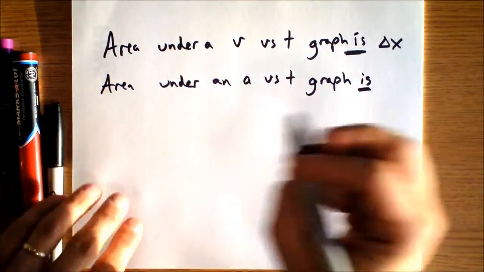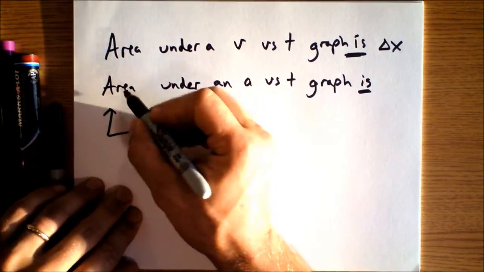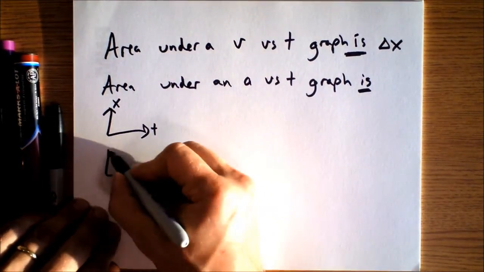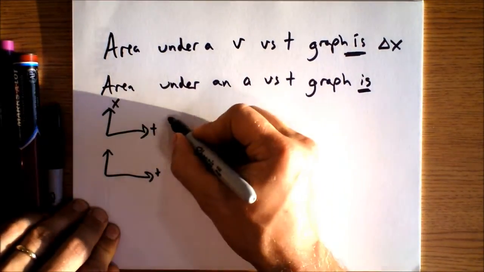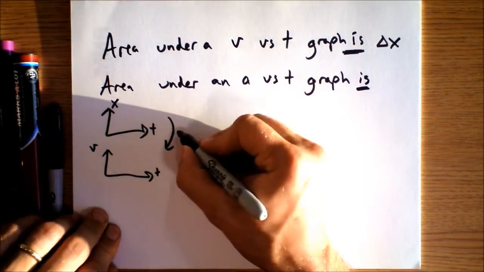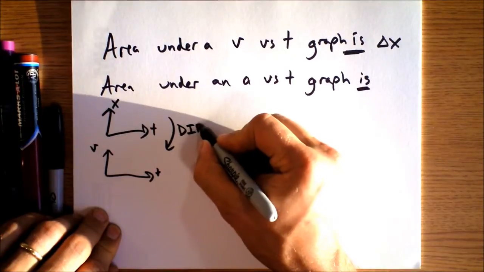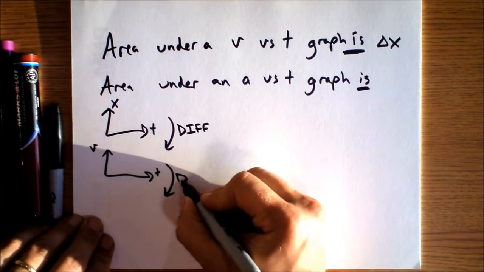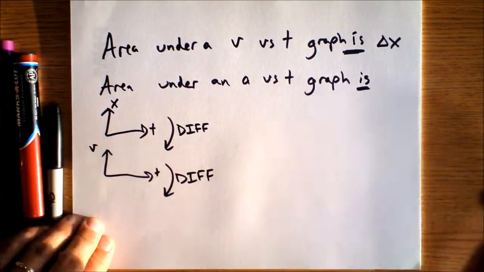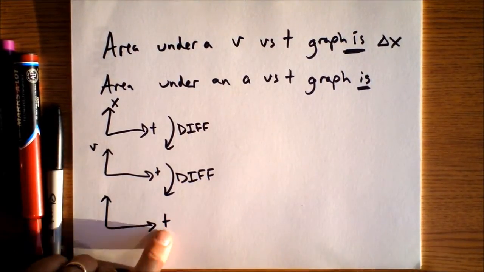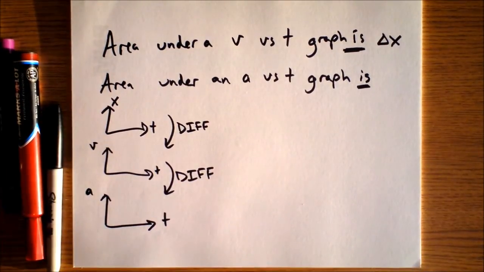Now I'll remind you that if we write x as a function of t and we differentiate that, we get velocity as a function of t. If we differentiate, we go that way. Do you remember, if we differentiate it again, what function is the result as a function of time? It's acceleration.